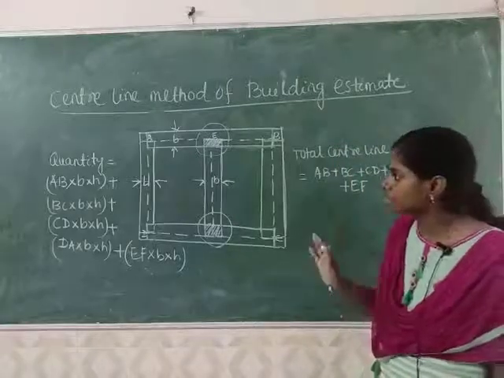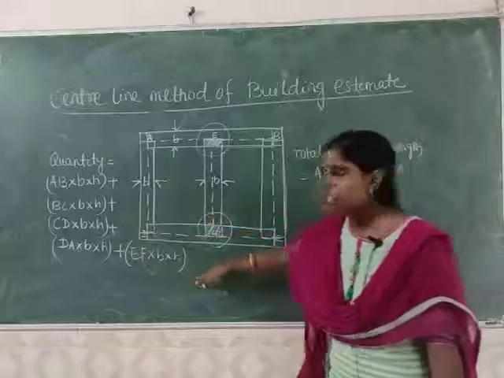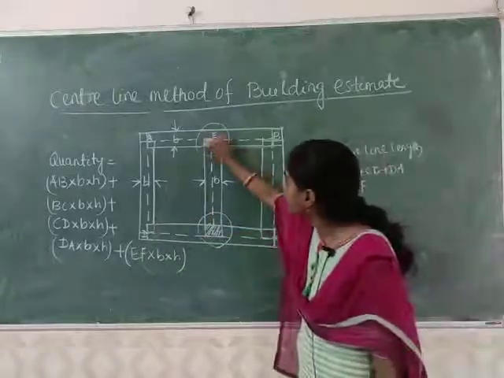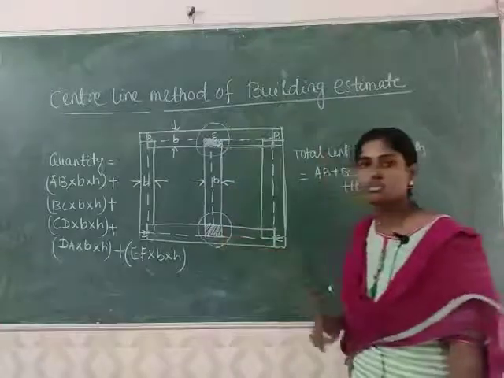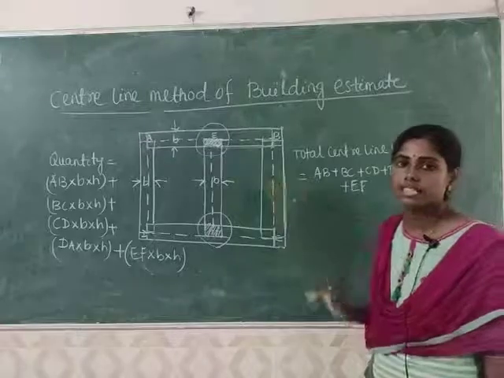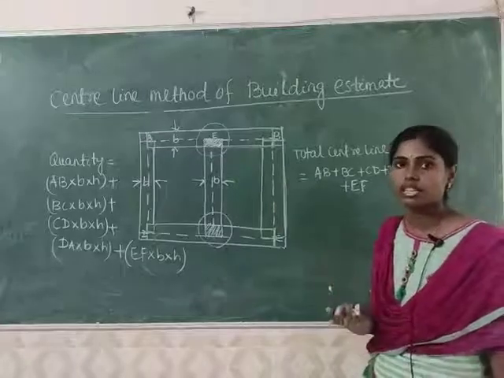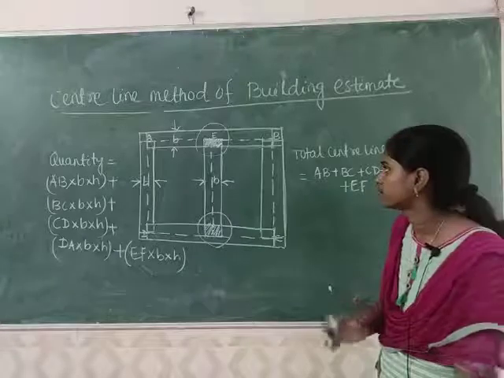When we calculate the total quantity in this manner, we will get an excess quantity for these two portions, and we need to subtract this excess from our total quantity in order to get the accurate or actual result.